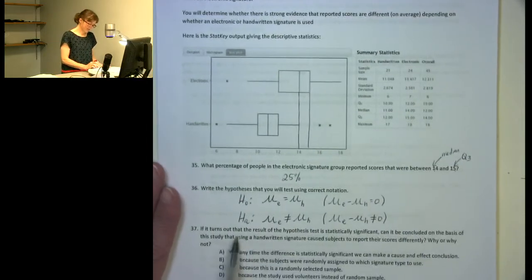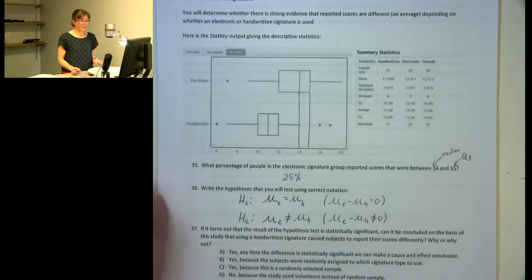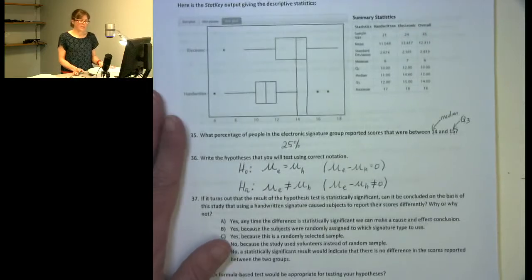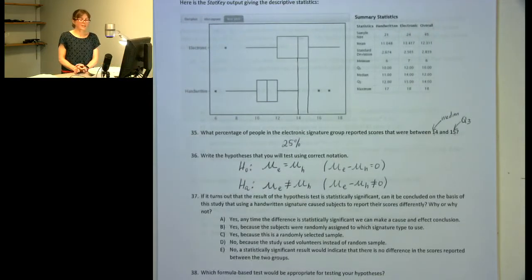So if it turns out that the results of the hypothesis test are statistically significant, can it be concluded on the basis of the study that using handwritten signature caused students to report their scores differently? Why or why not? Now, it can be tempting to think, well, some people would score better on the quiz naturally than others, and so how can I tell?